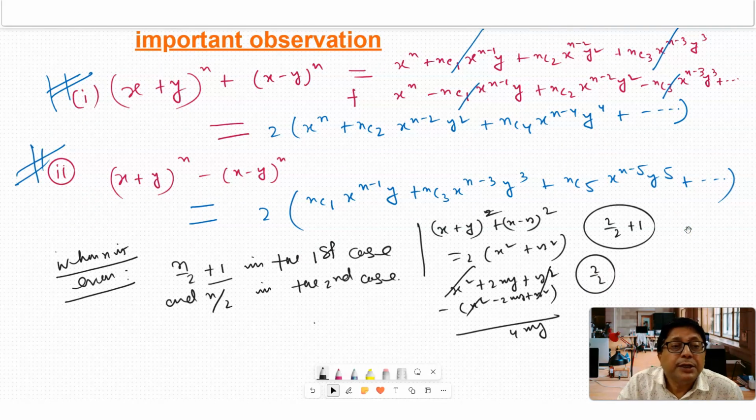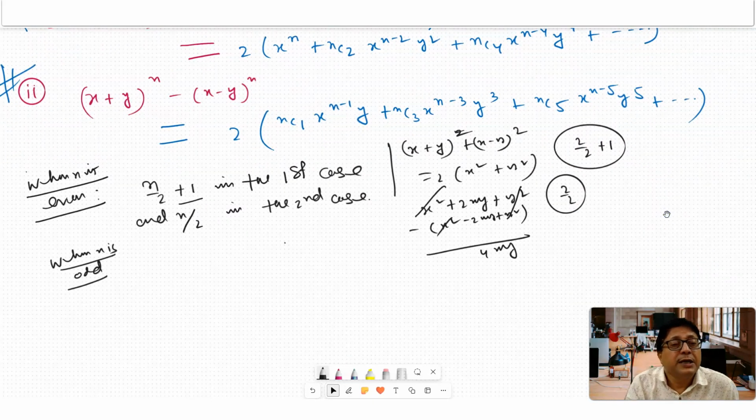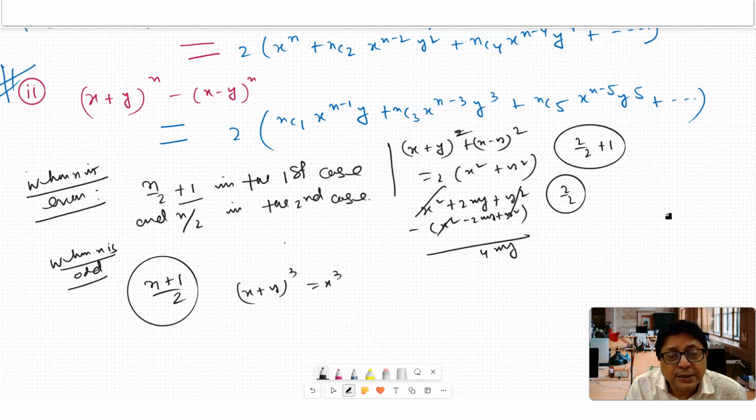Now, when n is odd, what will happen? Keep (x plus y) whole cube, and do (x minus y) whole cube in your mind. Then you can get your answer. When n is odd, in both the cases, the number of terms after expansion is going to be (n plus 1) by 2. (x plus y) whole cube you write: 3c1, or it is 3x square y, 3xy square plus y cube.